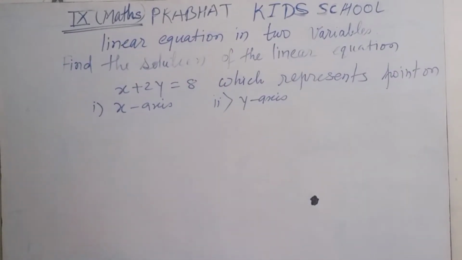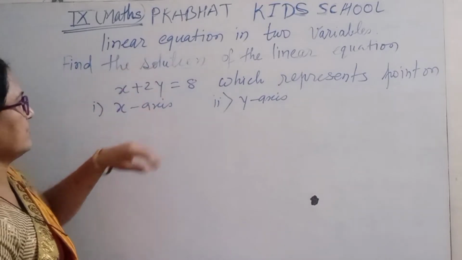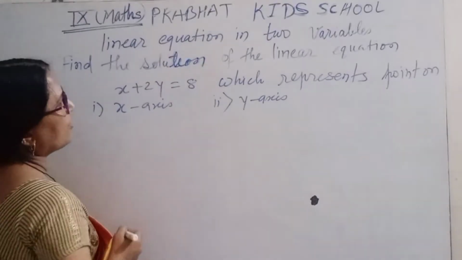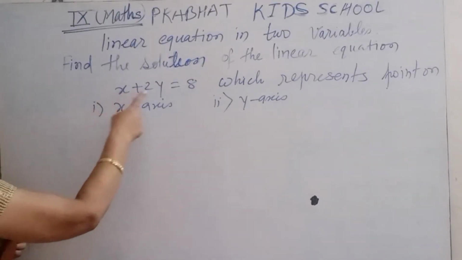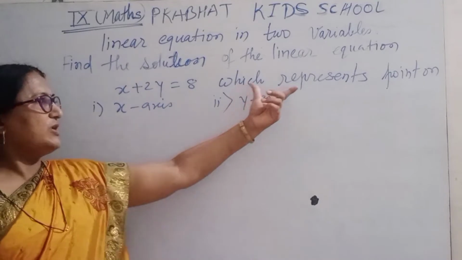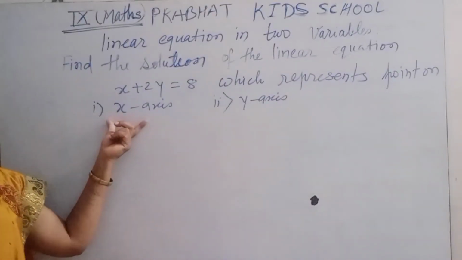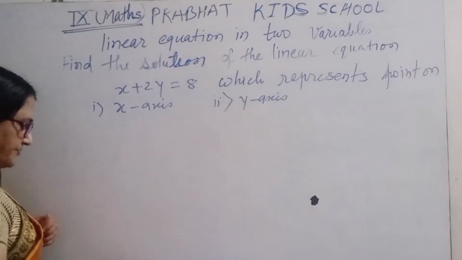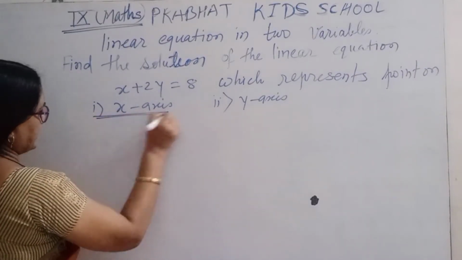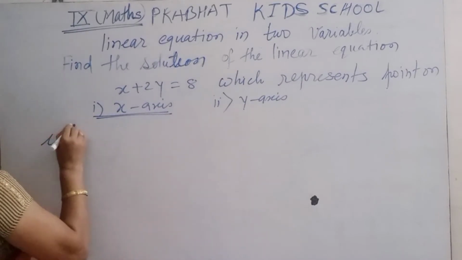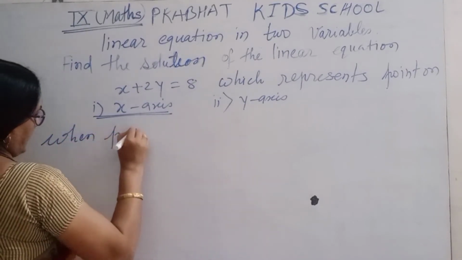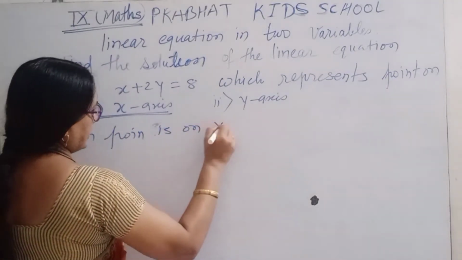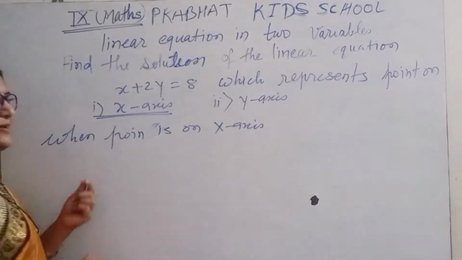Next question is, find the solution of the linear equation x plus 2y is equal to 8, which represents a point on the x-axis and second, on the y-axis. So one by one we are solving. Point is on x-axis. When point is on x-axis, tell me what will be the coordinates.